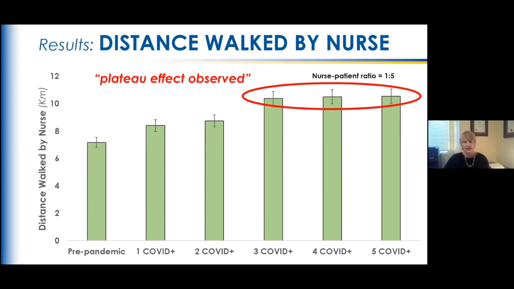We saw that the walking distance didn't really increase any further, and we speculate that that's likely because when the number of COVID positive patients increases, they're providing less care, and they're perhaps doing less walking around the unit as they're donning and doffing with the care of the ones that they are caring for. So less direct care again.